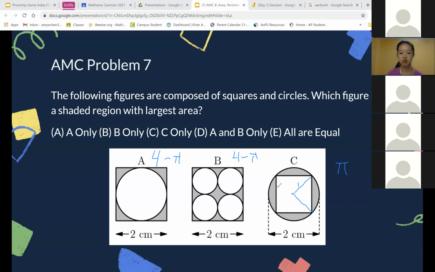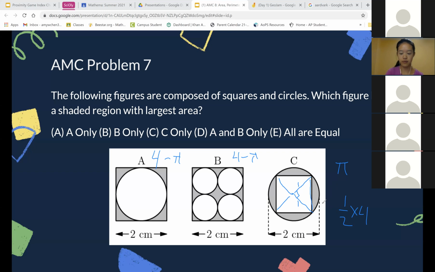However, for the area of the square, what you can notice is that we basically just made a little triangle here, right? And this is actually a right triangle. So this right triangle has side lengths of 1. So the area of this triangle would be 1 times 1 times 1/2, which is 1/2, obviously. However, there are 4 of these triangles in this square.